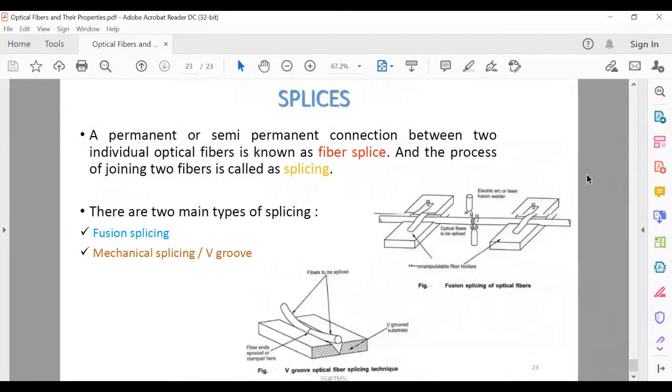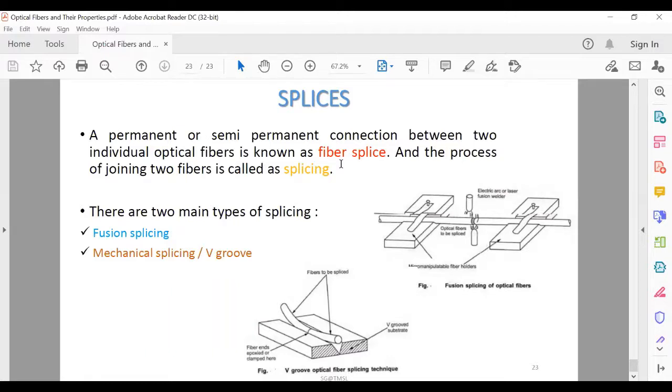Next is the fiber splices. So a permanent or semi-permanent connection between two individual optical fibers is known as a fiber splice, and the process of joining these two fibers is called splicing. So typically a splice is used outside the buildings, and connectors are used to join the cables within the buildings.